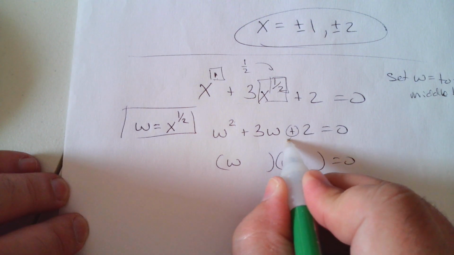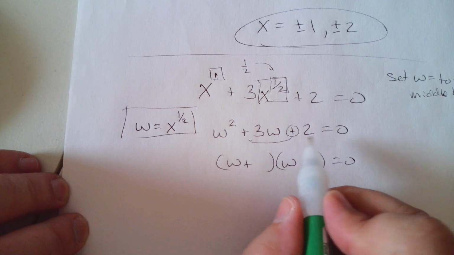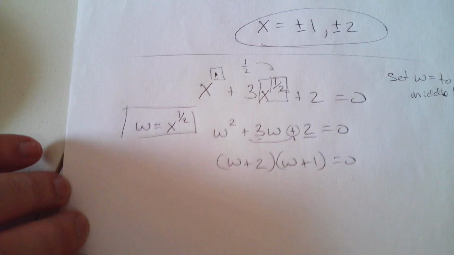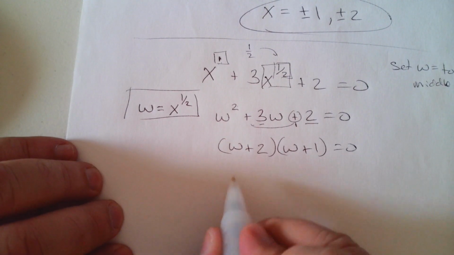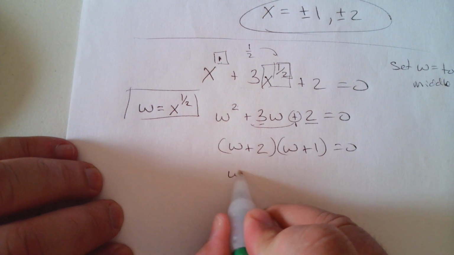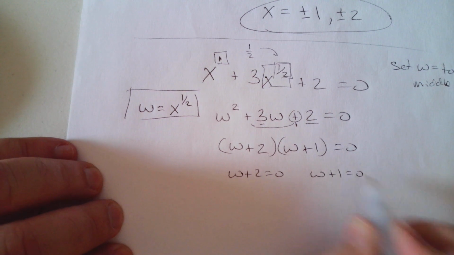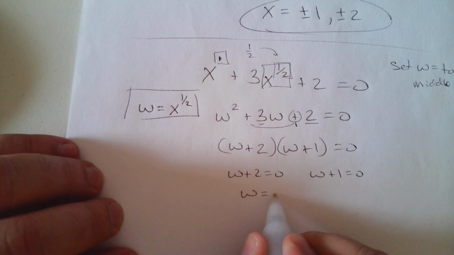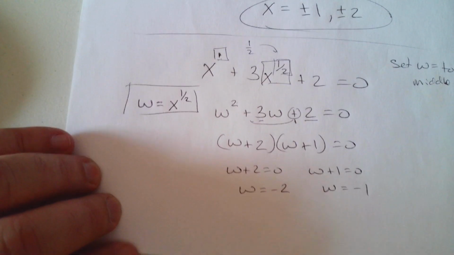Look at the second sign, they're plus, so they're both the same, they're both pluses. What times what is 2? When I add them, I get 3. 2 and 1. So I got w plus 2 equals 0, w plus 1 equals 0. So after moving these around, w equals -2, w equals -1.